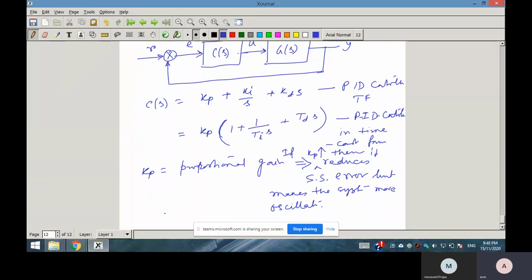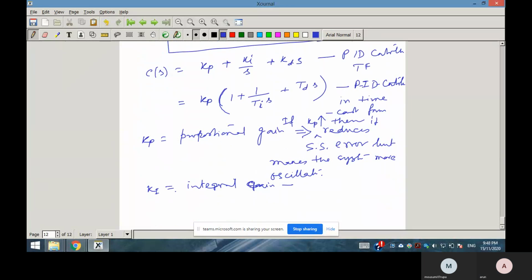Now your Ki, the integral gain. What will Ki do?